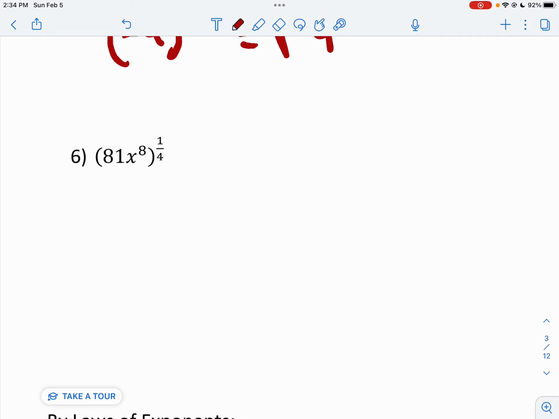Here, I'm going to use the properties of exponents that we learned earlier in the year. Inside of this parentheses is multiplication. So I can take the exponent and apply it inside to each of these. This would be 81 to the 1/4. And when I raise a power to a power, I multiply those exponents. So this is x to the 8 times 1/4.